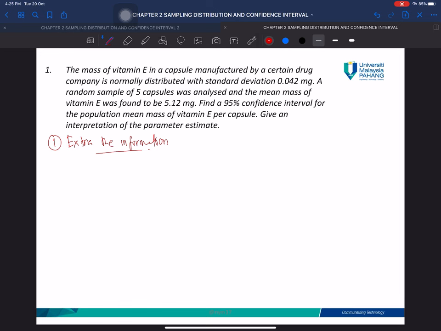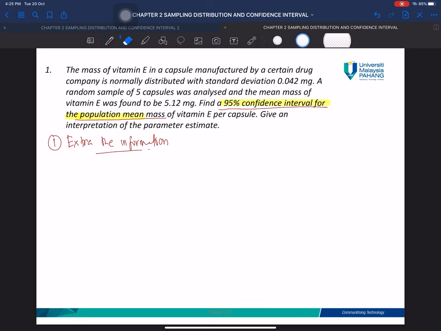Find a 95% confidence interval for the population mean mass of the vitamin E per capsule. Give an interpretation of the parameter estimate. It is very clear here. We need to find the confidence interval of the population mean mass.